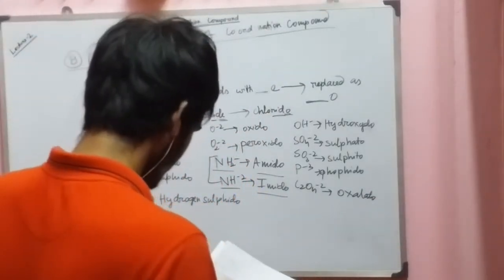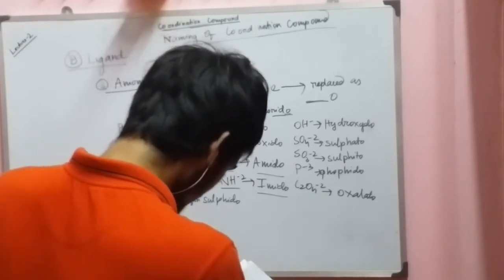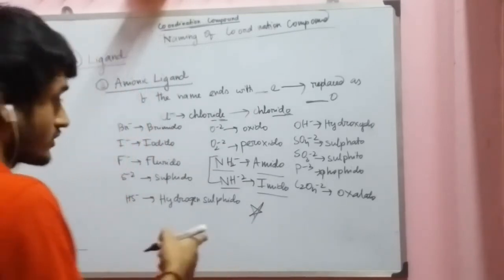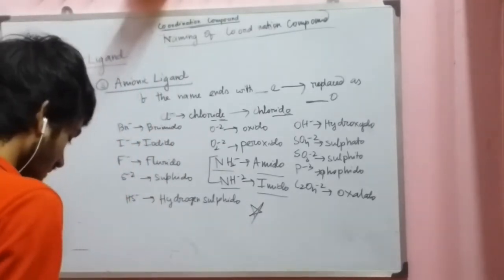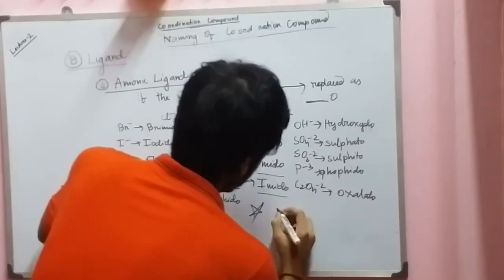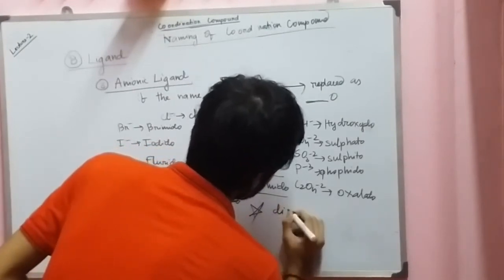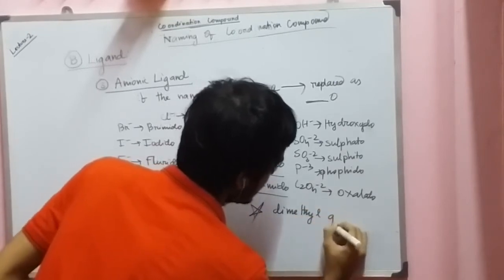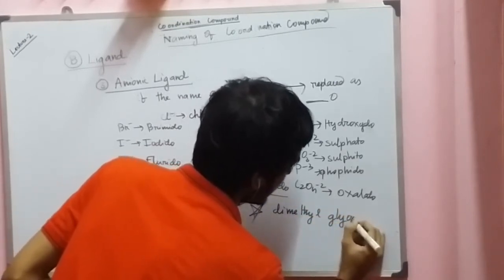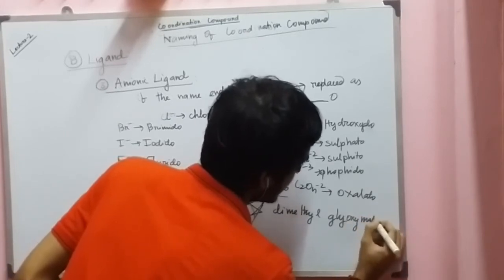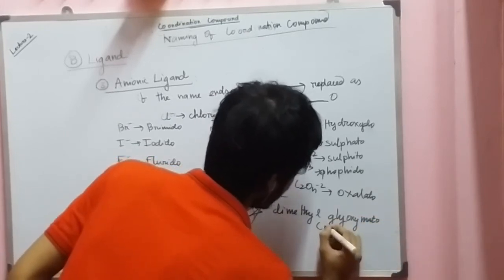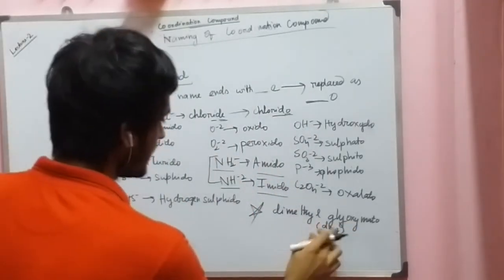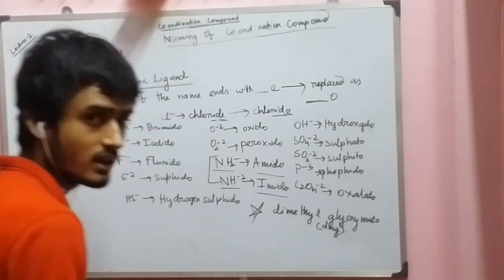Okay, and here is a very important example. I am giving you a very important example. Remember this structure. The name of this compound is dimethyl glyoxymato, or in short it is known as DMG, dimethyl glyoxymato.